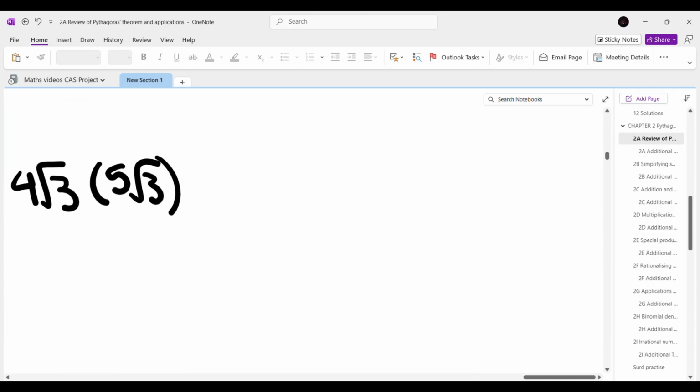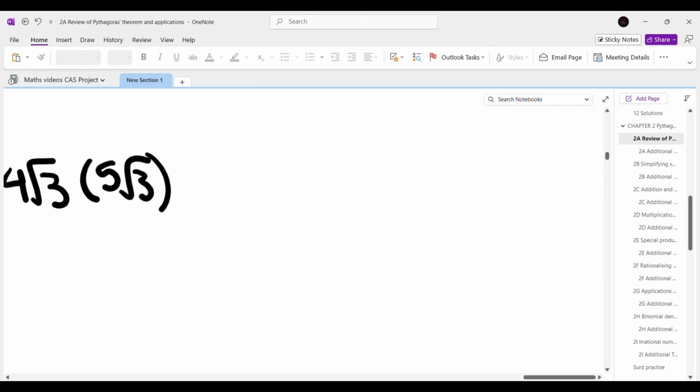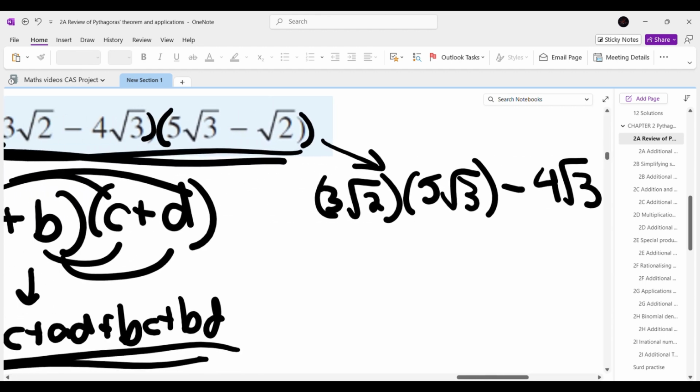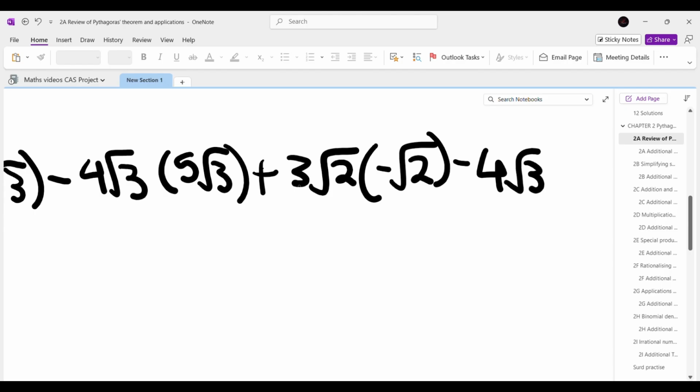Then we have 3 root 2 times minus 2. And lastly, we have minus 4 root 3 times minus root 2.